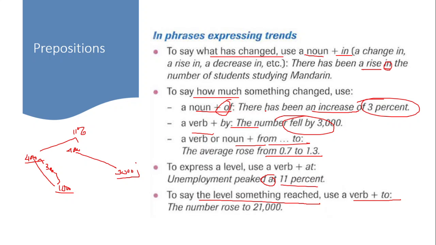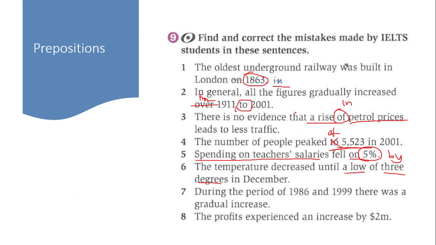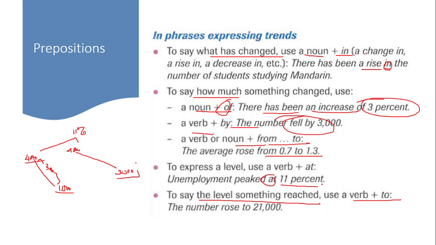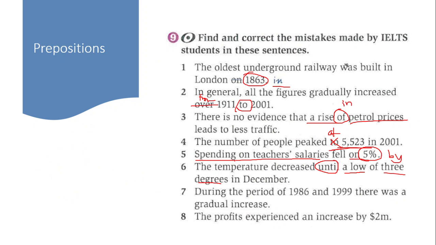Noun with of, we use it to talk about how much something changed. However, we see here that it decreased until. So we don't talk about the change, we talk about the level.